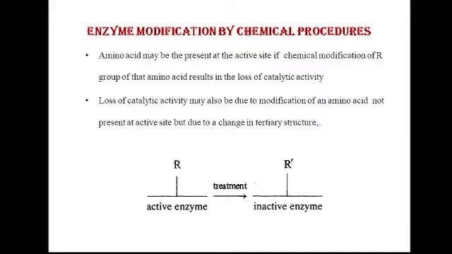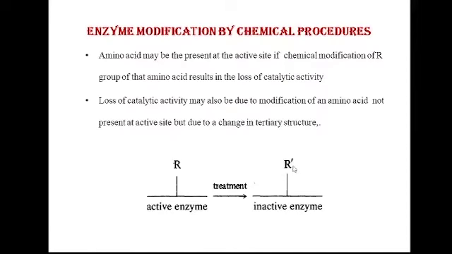Keeping in mind this activity of the R groups, to study the amino acids that are present at the active site, we have exploited this characteristic of the R groups of the amino acids at the active site by blocking or inactivating the R group using some chemical.